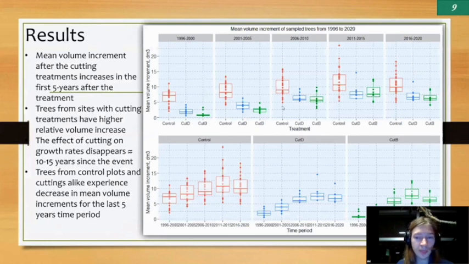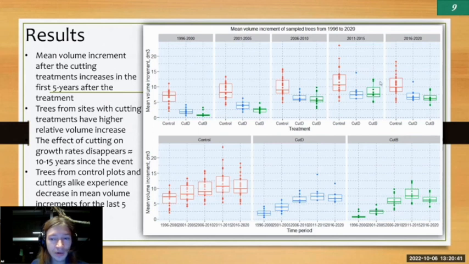So here I present the mean volume increment for different time periods. So I divided the time by 5 years time periods, starting from 5 years before the cutting treatment to see how trees were growing before the cutting, and then for four time periods up to 2020.